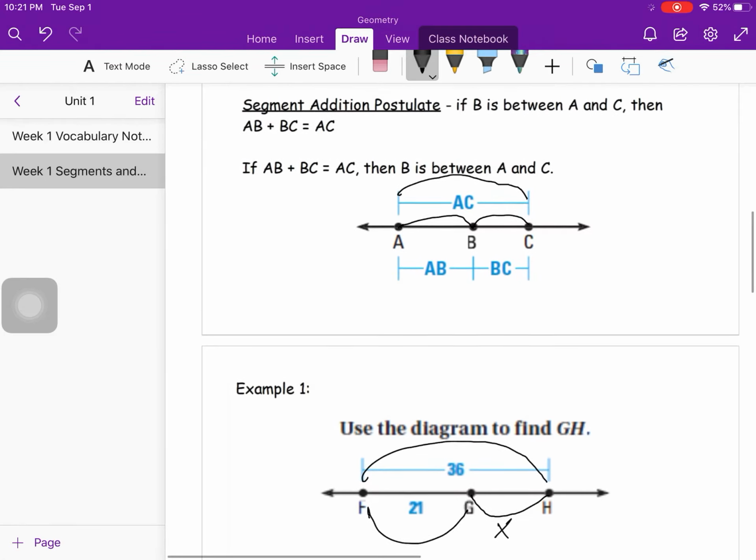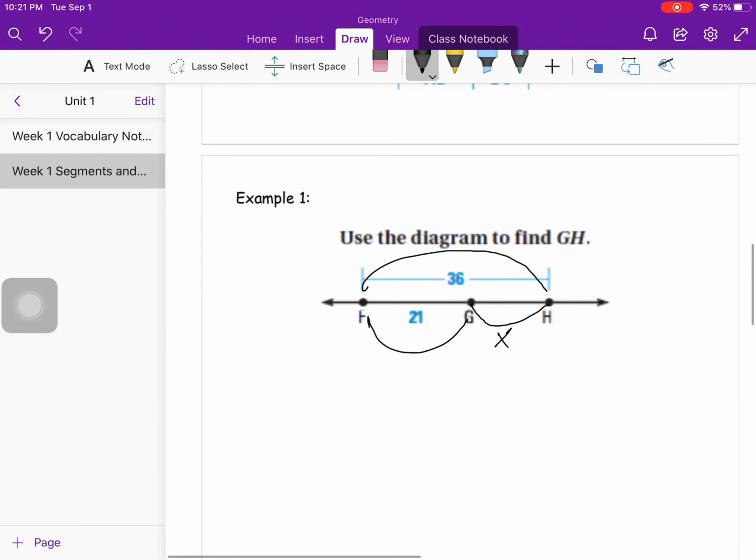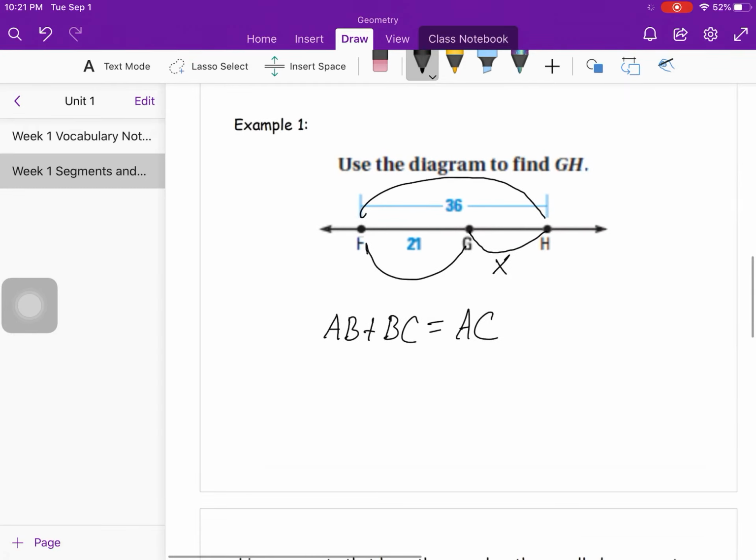The segment addition postulate says AB plus BC equals AC. So in this case, this is our AB plus BC equals AC. We can replace this with one small segment. So FG is 21. X is the one right next to it.